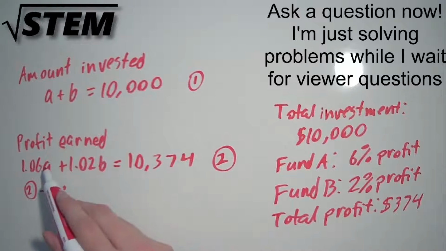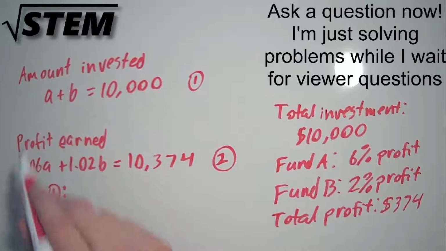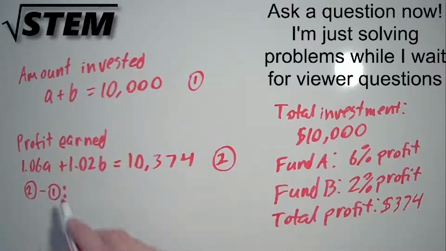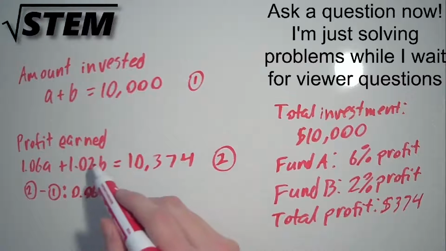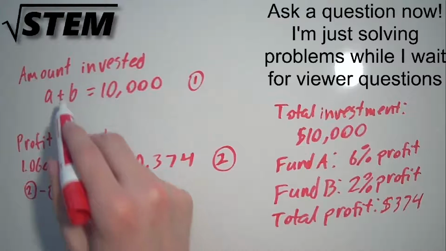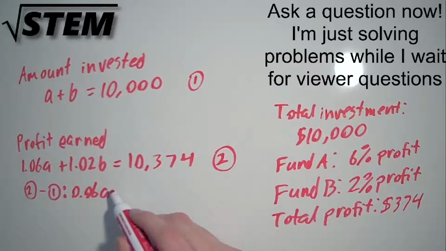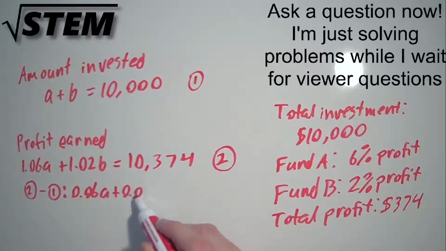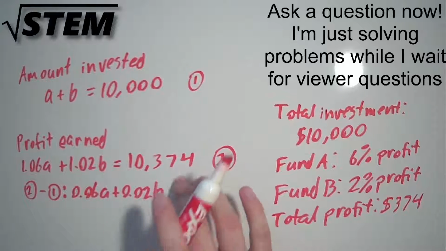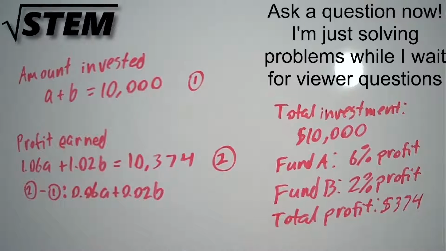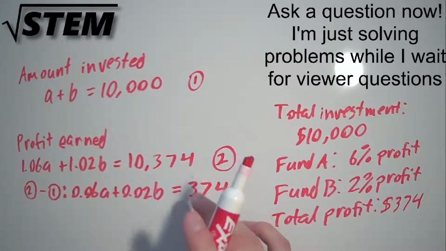So 1.06a minus a would be 0.06a. 1.02b minus b would be 0.02b. And 10,374 minus 10,000 would just be 374.